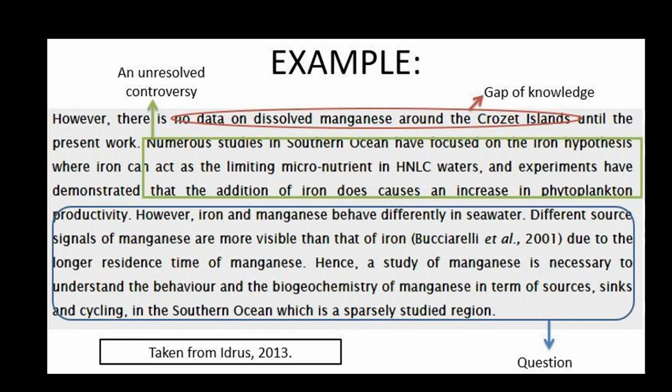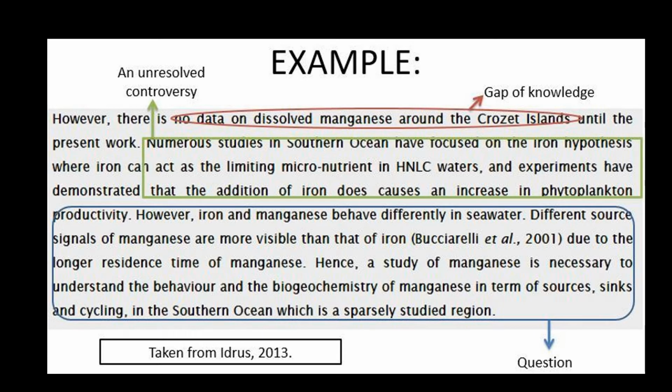Have a look at the example I provided. This is an example from one of my articles, the introduction part. As you can see here, there are all parts about the research problem that you need to put in one paragraph.